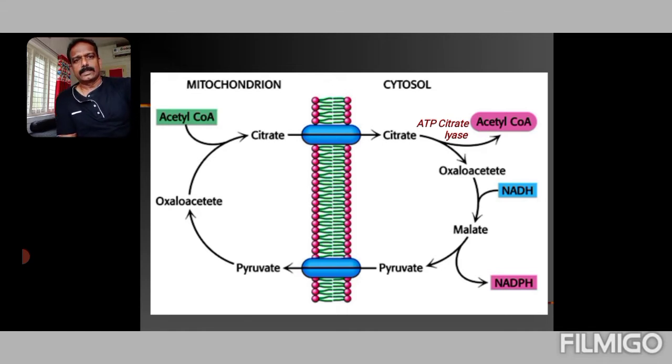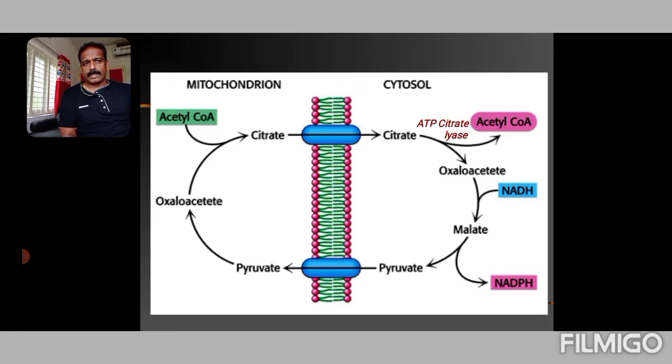Now, the citrate molecule gets into the cytosol through the citrate transporter mechanism, where it gets converted back to acetyl-CoA and oxaloacetate by the enzyme ATP-dependent citrate lyase. Acetyl-CoA now reaches the cytosol, and it can be used for the synthesis of fatty acids as well as for the synthesis of cholesterol also.